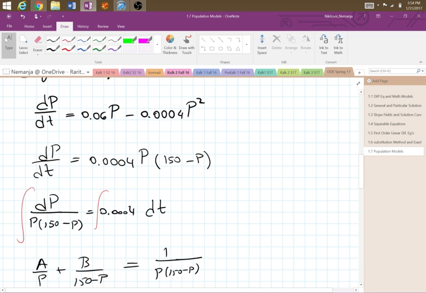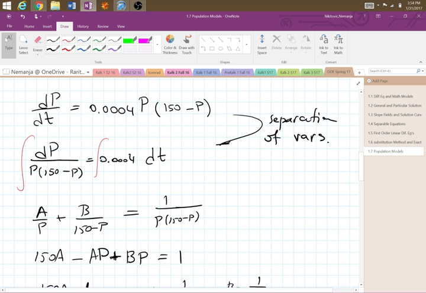Now we have to do partial fraction decomposition on the left. Let me just put separation of variables, because it's a differential equations class, so that's the most important part. We have the partial fraction decomposition, so we did that.